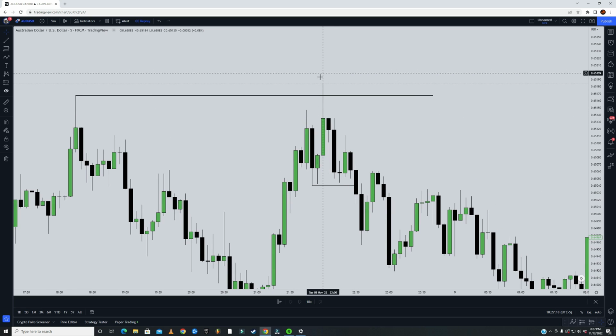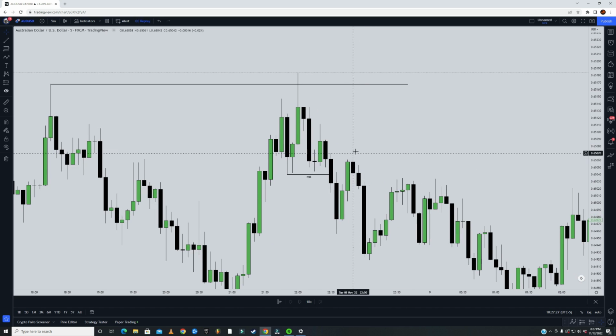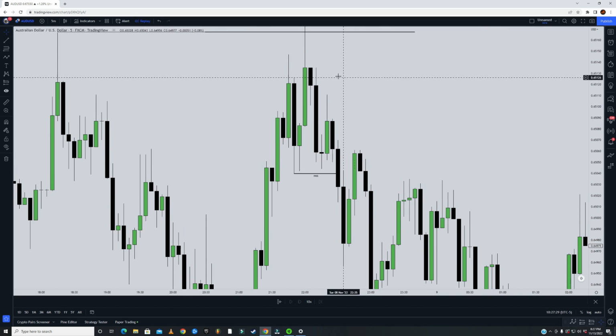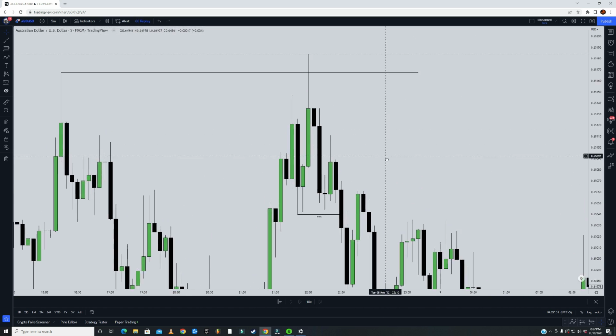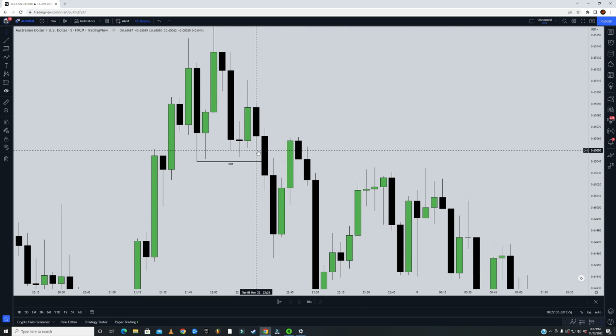So after the liquidity sweep, we wait for market structure shift, and as you can see, we have market structure shift at around this level, and we look for fair value gap. So there's no fair value gap here or imbalance, okay? But you can see that we have this fair value gap right around here, okay?